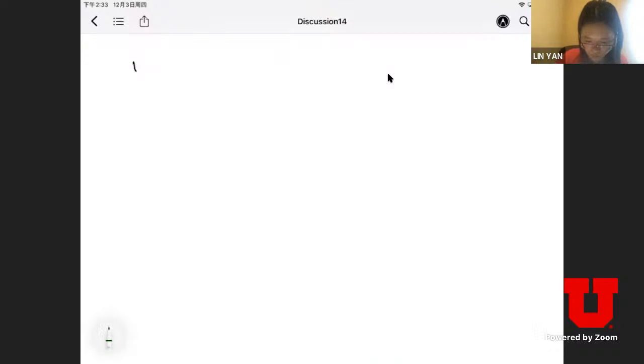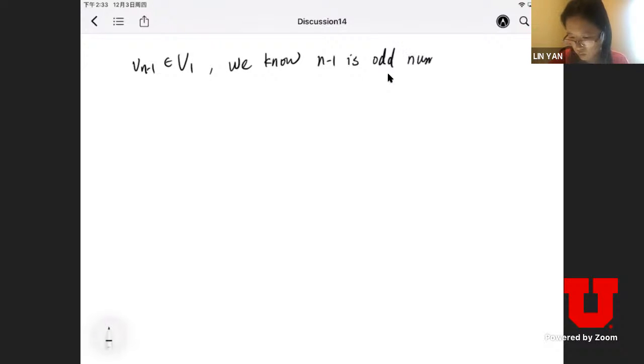And because Vn minus 1 is in V1, we know n minus 1 is an odd number, because the vertices whose index is odd belong to V1. So n minus 1 is equal to 2k plus 1 for some integer k.